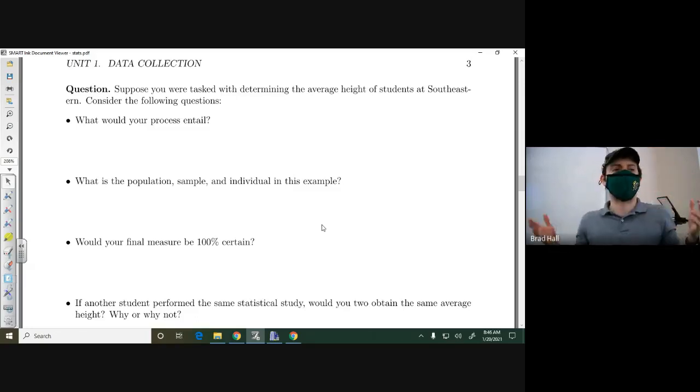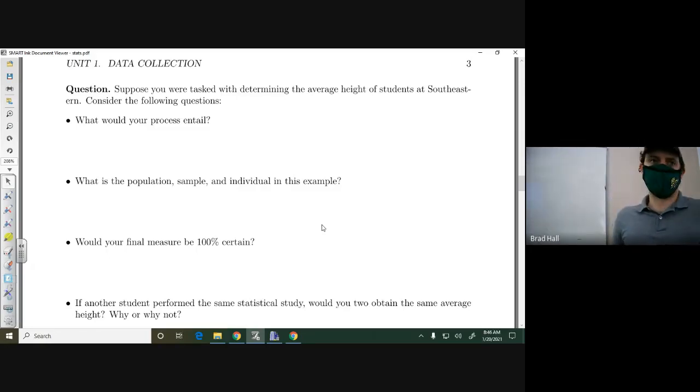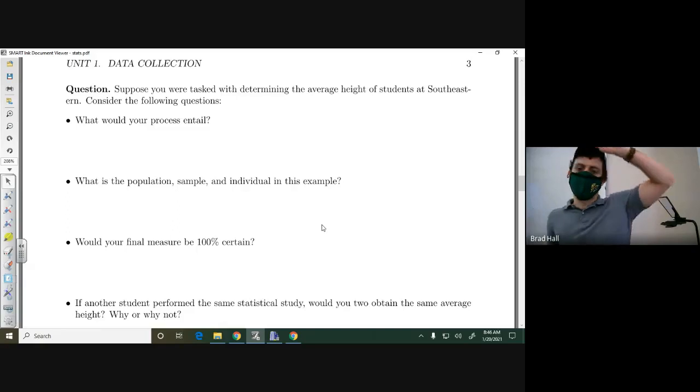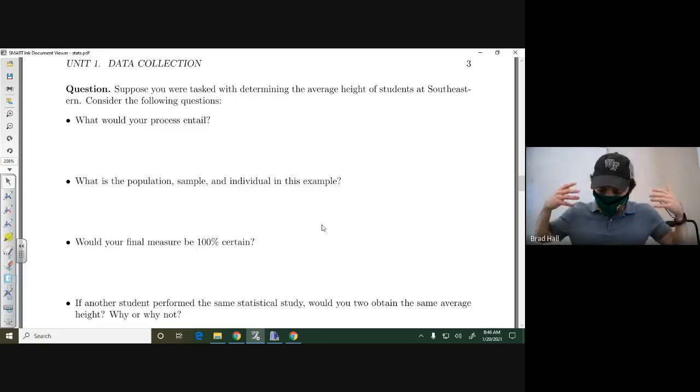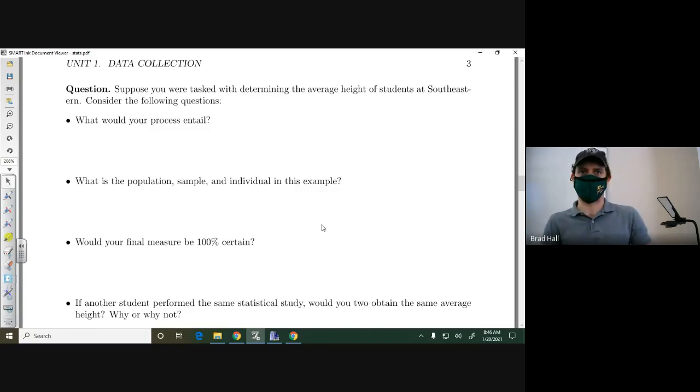So then you would say, all right, the average height of students at Southeastern is 5'7", based off of either the idea that you used or Mr. Bureaucrat over here who is going to get everybody to come to him for student IDs. But in any case, there's no inherent wrong answer to this collection process. But this gives you an idea of the process people have to go through. The sampling process. How you would get this information and then what you do with this information.